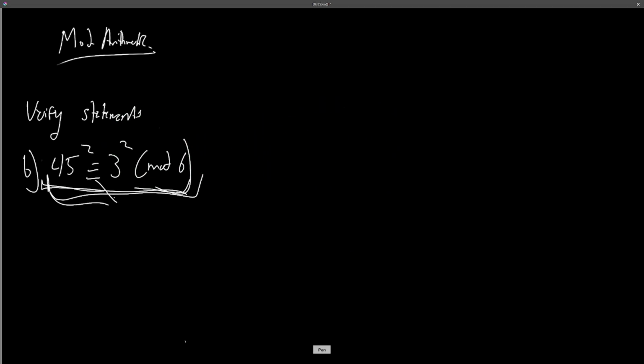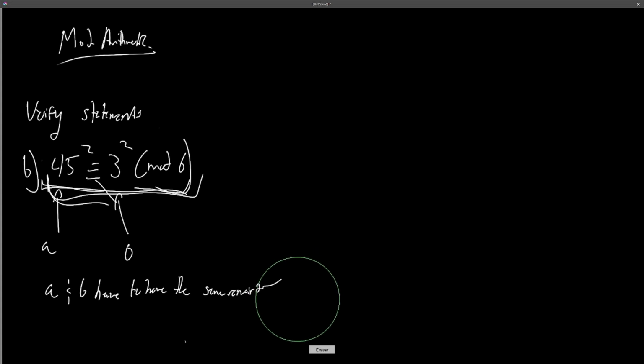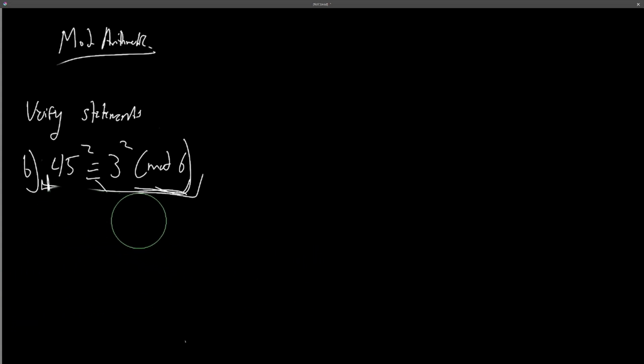Essentially what this means is that if this was to be A and if this was to be B, it's saying that A and B have to have the same remainder. So when we have questions where, like before, we had to verify, they're pretty easy: we could just write it out, solve for qm plus r, get a remainder, and we're done. But with these, it takes a little bit more thinking, but it's not too difficult.